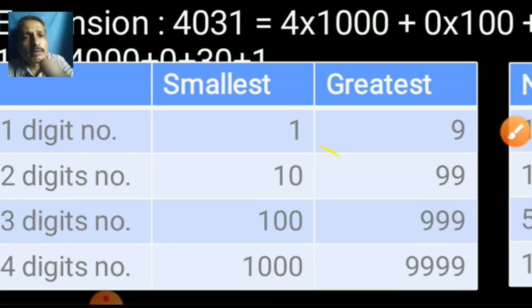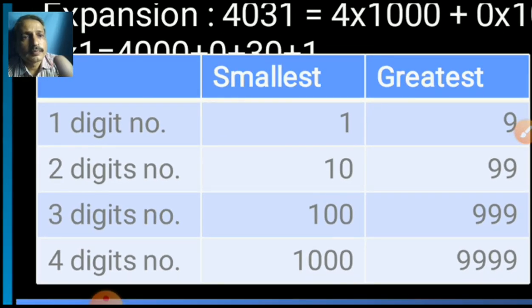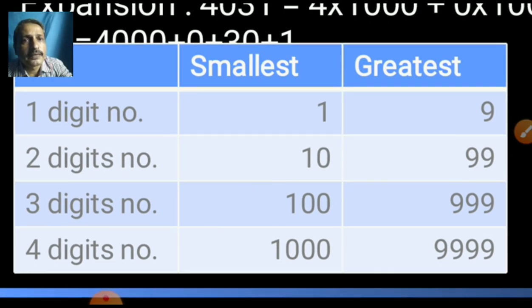Now look at here. One small table is given to you, greatest and smallest. Can you see properly? Yes, 1 digit number, smallest is 1 and greatest is 9. 2 digit number, smallest is 10 and greatest is 99. 3 digit smallest number, 100.